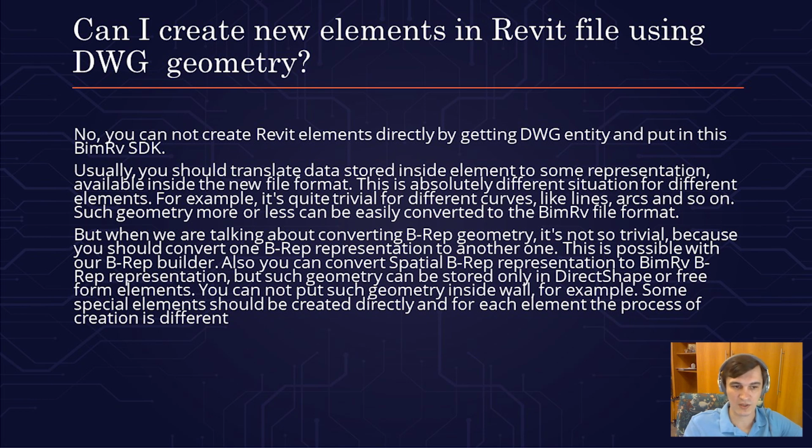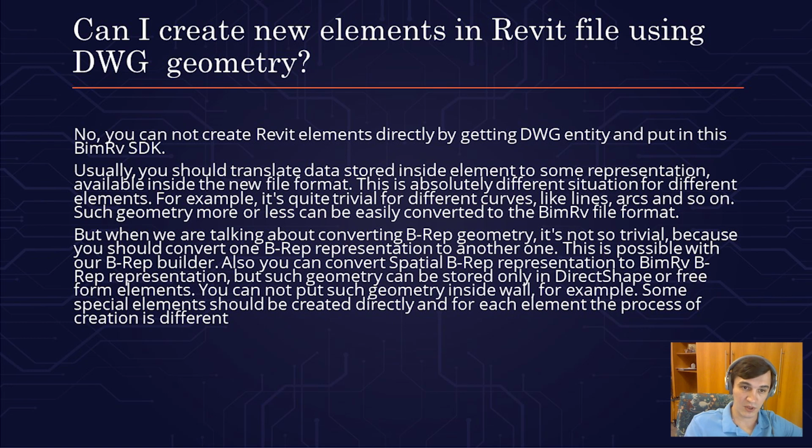For example, it's quite trivial for different curves like lines, arcs, and so on. Such geometry can be easily converted to the BimRv file format because you can get the GA classes and put them into our curve element, and this element will be created.